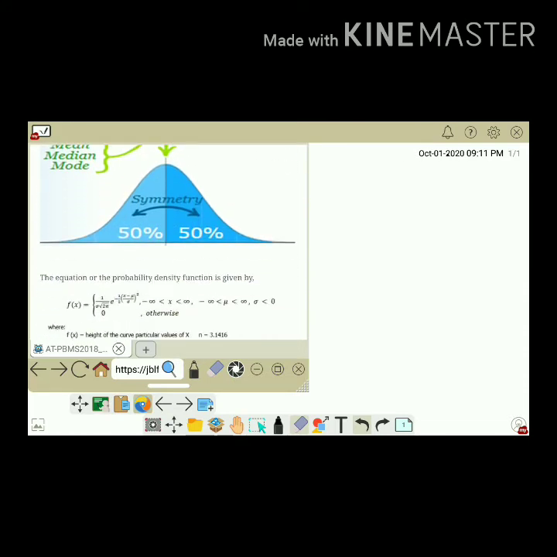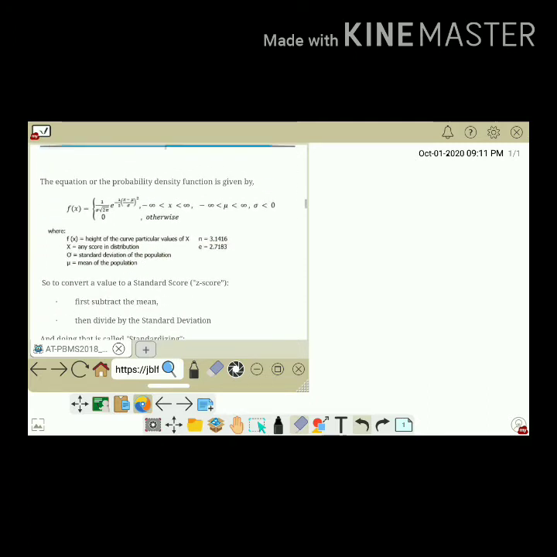I have already discussed this one, the symmetry. And class, if you really want the detailed part of your normal curve, you can also measure the height of your curve.